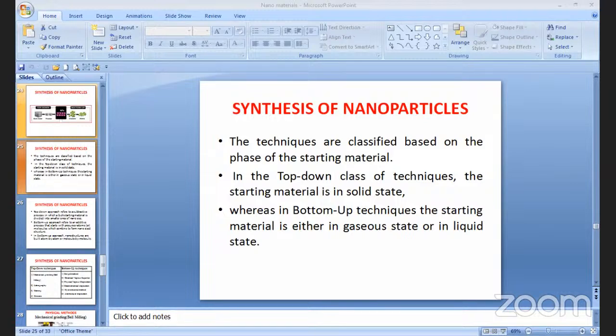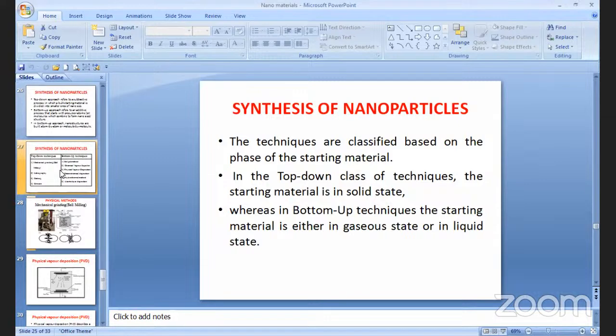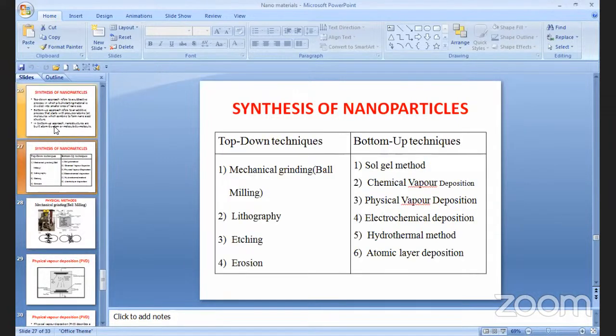And the next one, we'll see the methods of synthesis of nanoparticles. We have already discussed the top-down technique and the bottom-up technique. In the top-down technique, one method is mechanical grinding, which we call the ball milling technique, which we will study here.